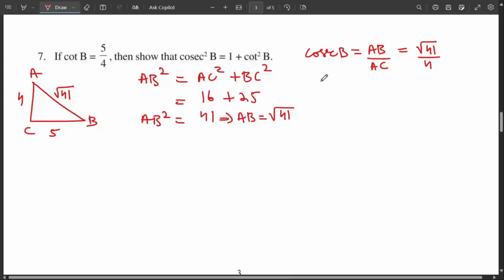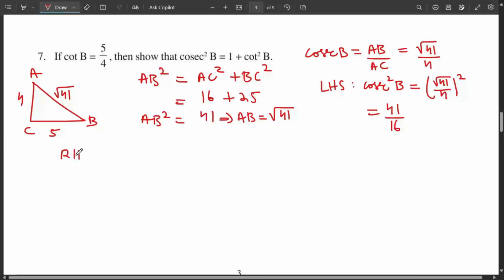If we start with LHS, we have cosecant square B, which is equal to square root of 41 by 4 the whole square, which is equal to square root of 41 whole square, that is 41, over 4 square, that is 16.